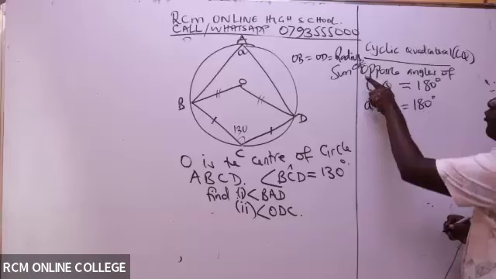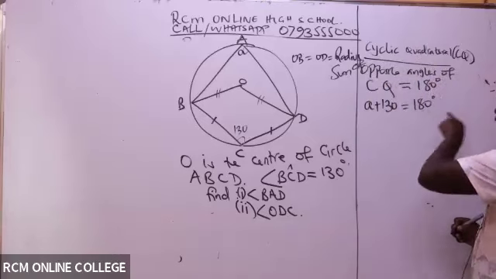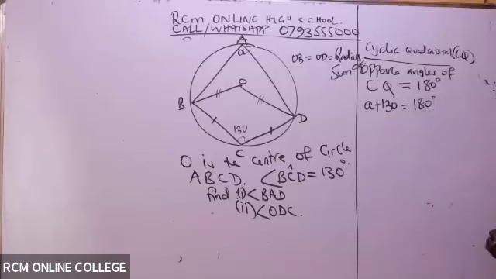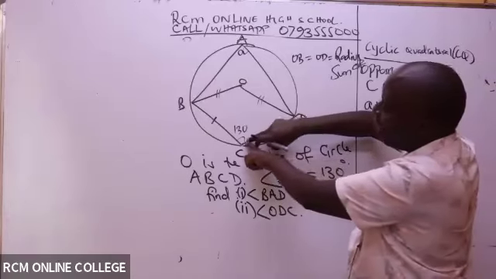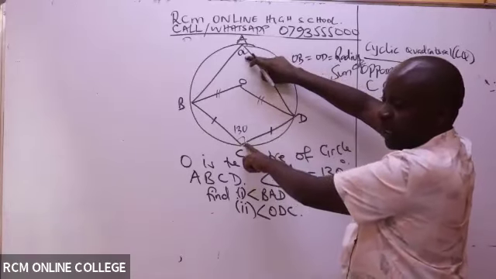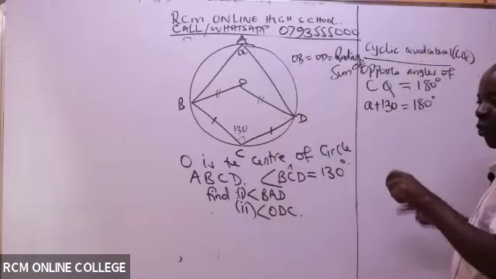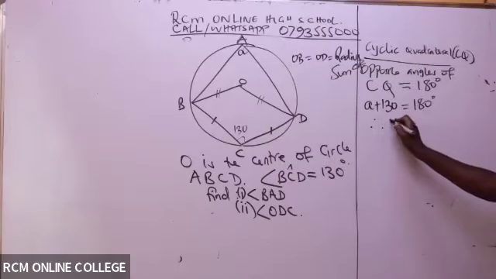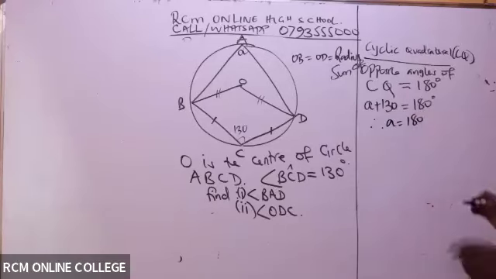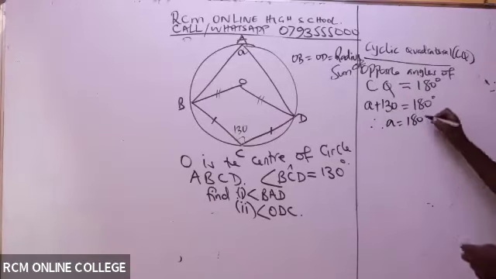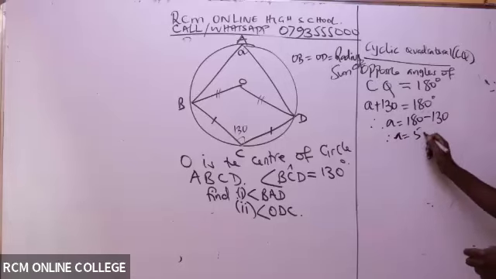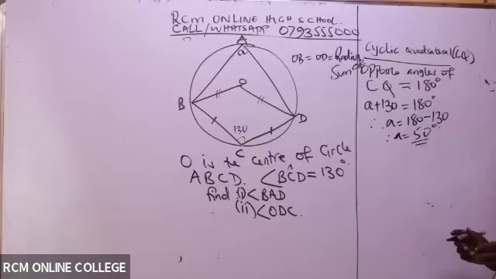We have this 130 given here and this A that I'm trying to get, and they must add up to 180. Meaning that A will be equal to 180 minus 130, taking the 130 to the other side. So A will be equal to 50 degrees.